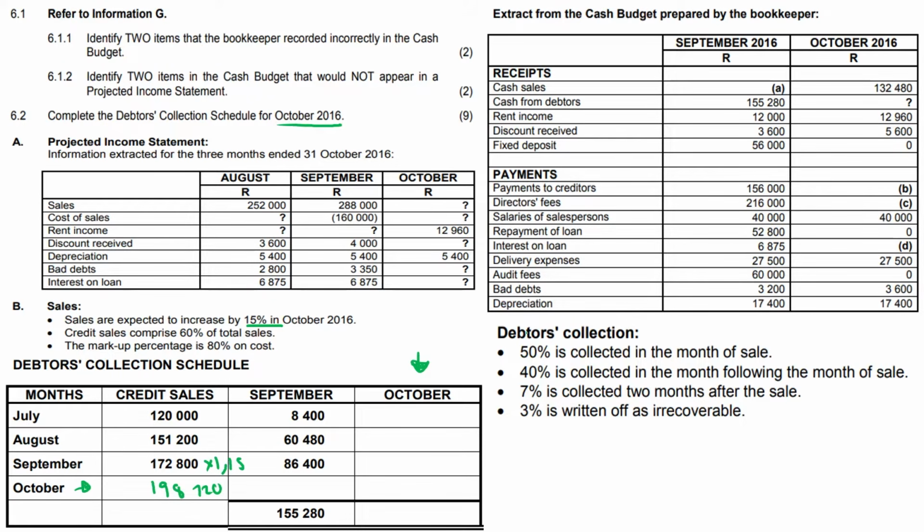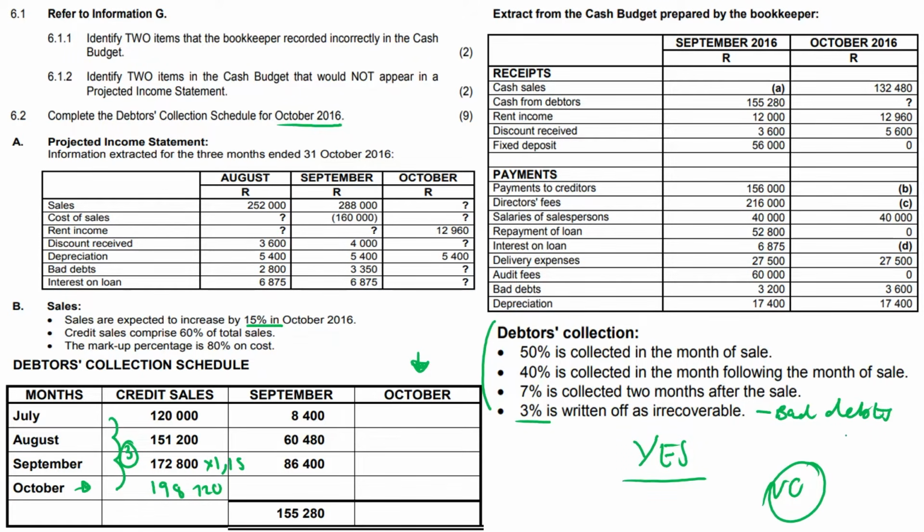Also, if you take a look at that big fat green bracket that I've made, that's the key to nailing down this question. And my first question to you is, does July affect October? So that's going to be 1, 2, 3 months. Does July affect October? Yes, it definitely does, because 3% is written off as irrecoverable. That's screaming to you that we have bad debts here. But the answer is also no. You are South African.